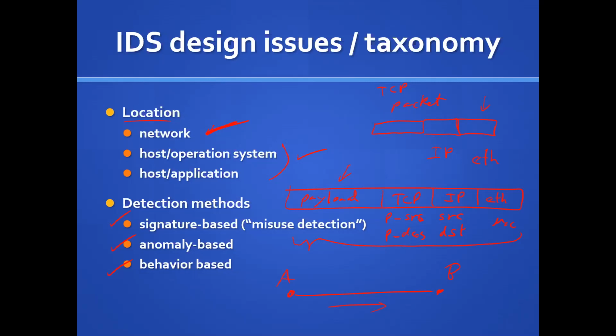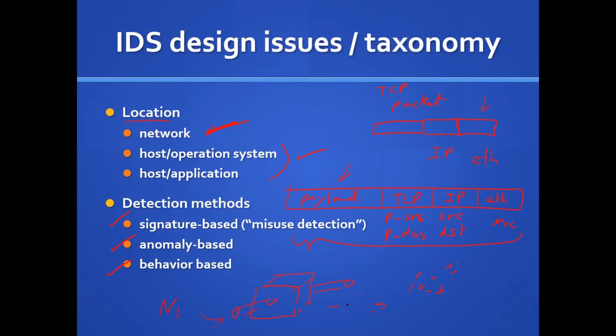Let's imagine your operating system is just some box, but it's got a pipe, and this is network 1, this is network 2.